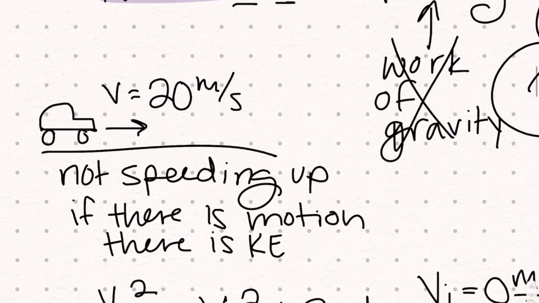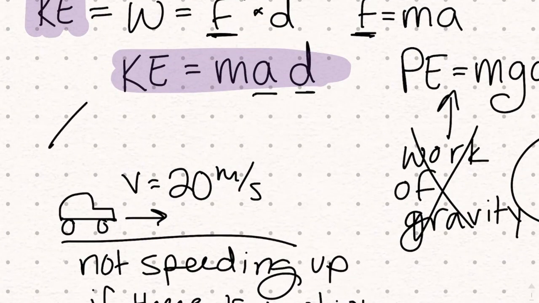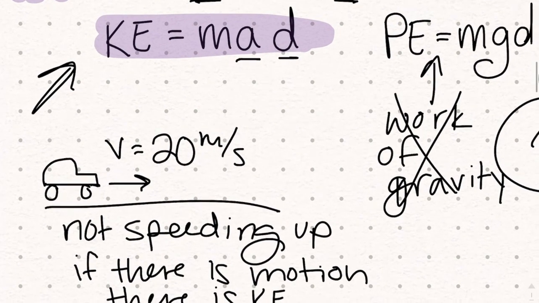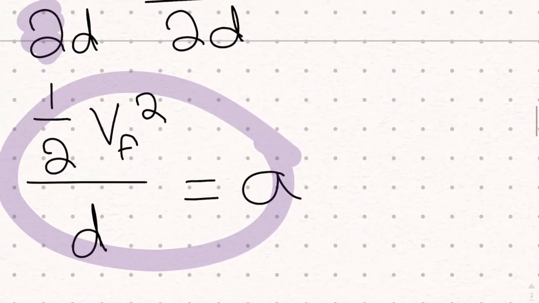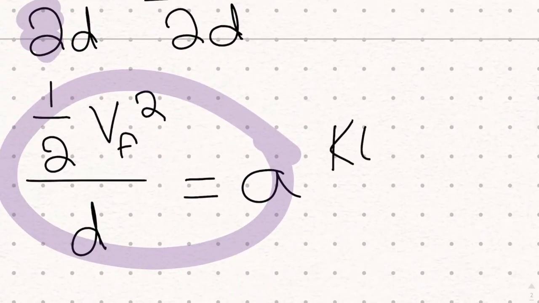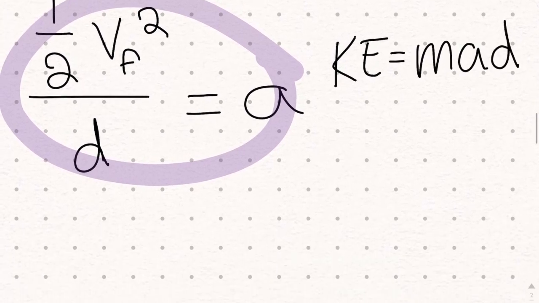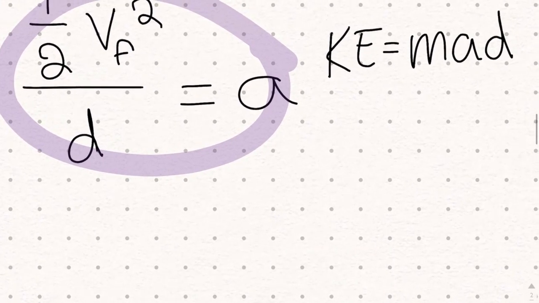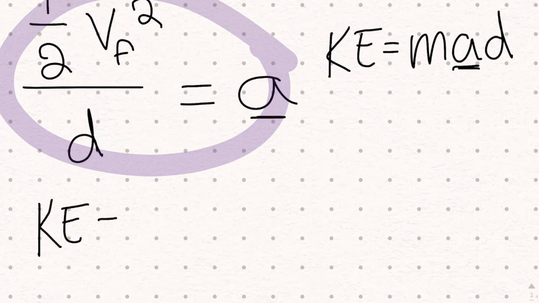Okay, so now we've got this piece for acceleration. We're going to go back up here, grab this equation and bring it down. KE equals mass times acceleration times distance. I'm just rewriting it down here so that we can see it on our screen. All right, now we are going to go ahead and substitute in our acceleration, because remember, our objects are not always accelerating when they have kinetic energy.